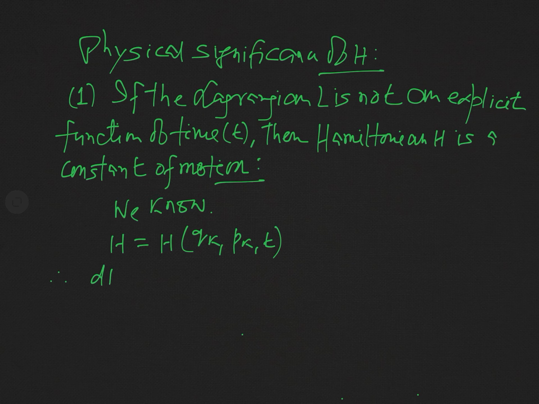Therefore, we can find the total time derivative of this Hamiltonian H, that is dH by dt. Let us see by the rule of partial differentiation.